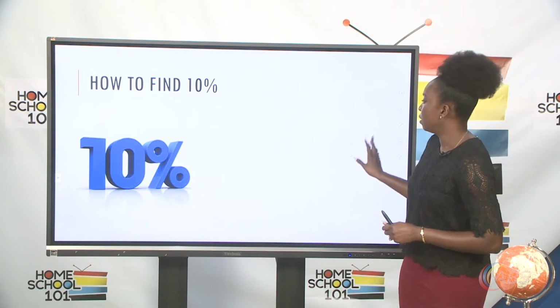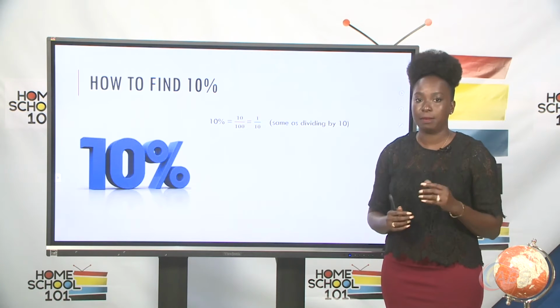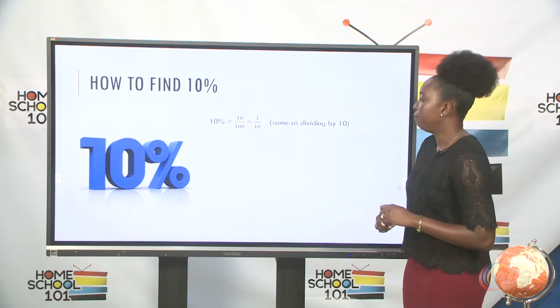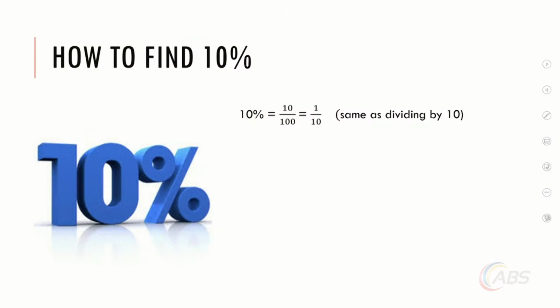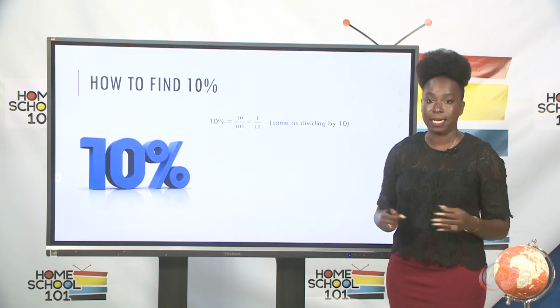So let's take a look at what 10% means, and then we'll find 10% of a few other amounts of money. So when we look at 10%, we can also say that 10% is over 100, and that is because percentage is out of 100. And if we simplify that fraction, then we will get 1 out of 10, and that is the same as dividing by 10.